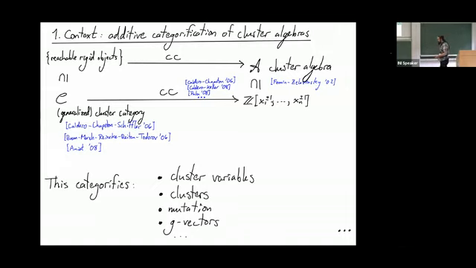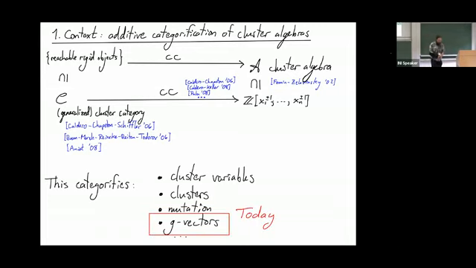It categorifies clusters: reachable cluster tilting objects are sent to clusters. It categorifies mutation: mutation corresponds to certain pairs of triangles called exchange triangles in the cluster category. And finally, it categorifies g-vectors and F-polynomials. There's a lot of information that you can find in the cluster category. And today, I want to focus on the last one.